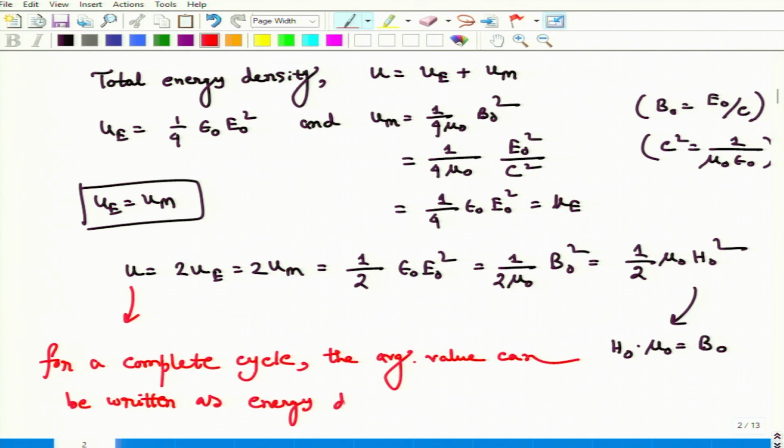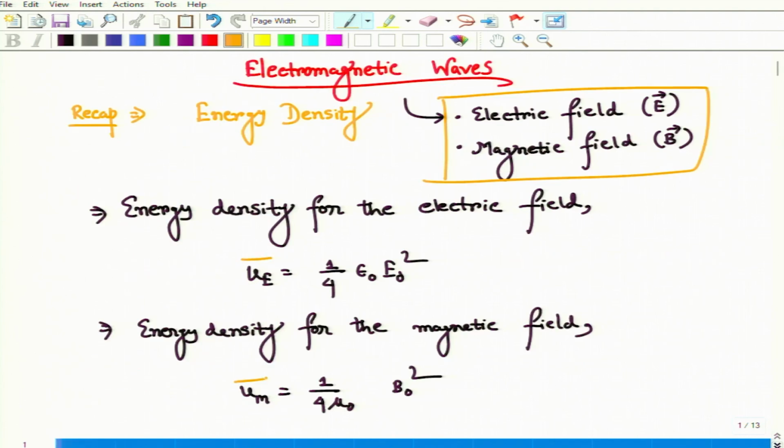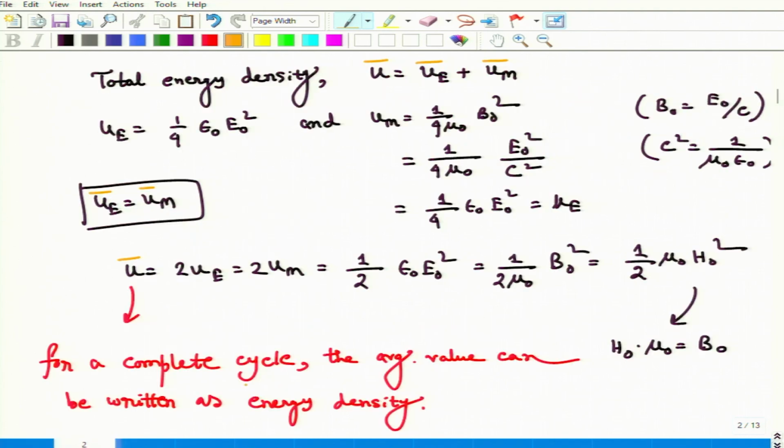These are all averages, but for a complete cycle we can write U average is equal to U. So it's clear, ultimately this is the form of U.